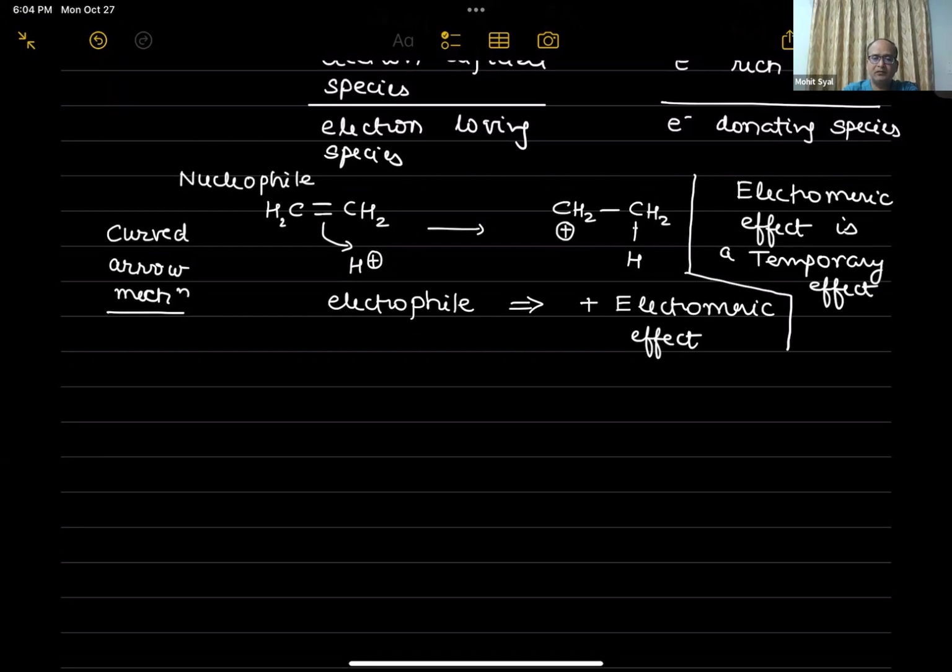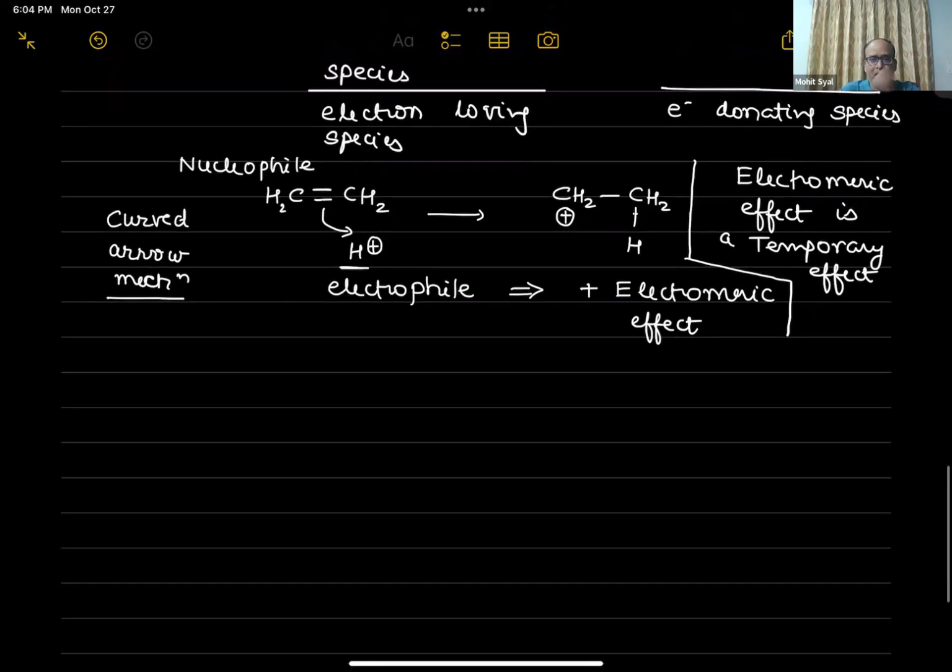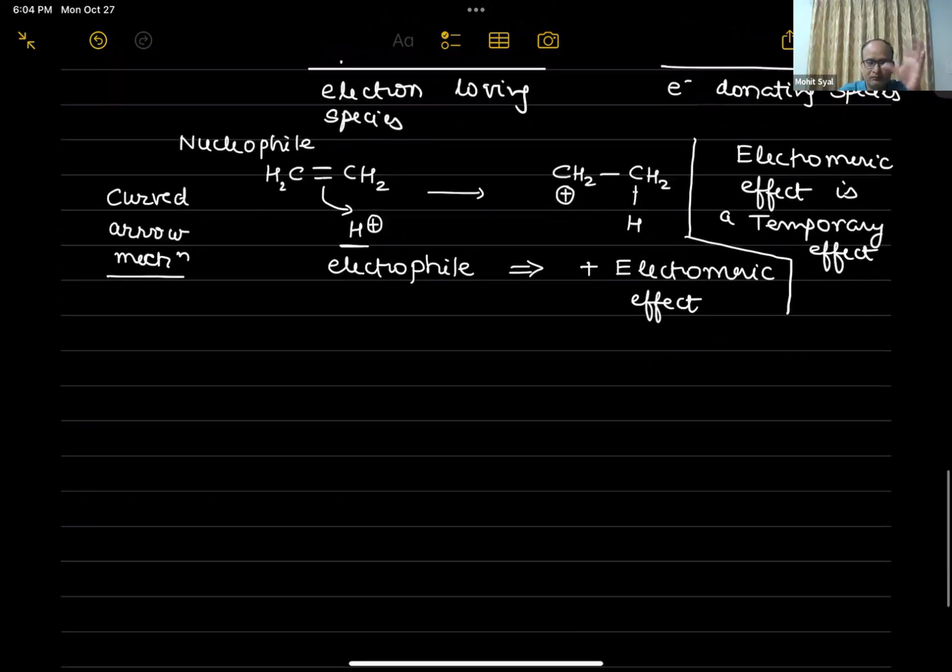Will they get shifted or will they continue to remain as they were? No, nothing will happen. Only in the presence of H plus has this shifting of electrons taken place. These electrons are snatched away by the H plus. Are you getting my point?